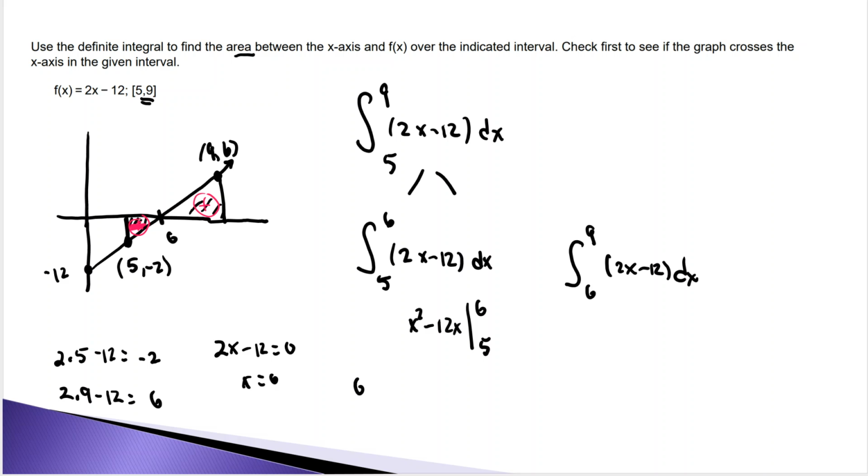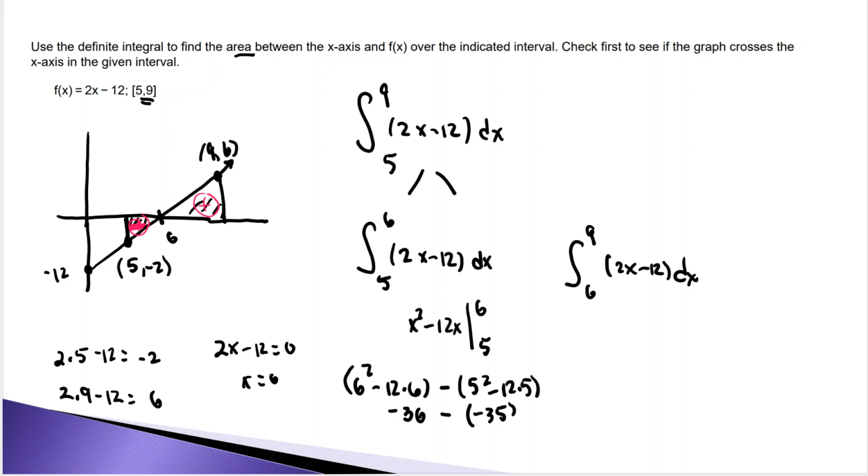This will give me 6 squared minus 12 times 6, minus 5 squared minus 12 times 5. And this gives me 36 minus 72, that's minus 36. And that's 25 minus 60, and that's a negative 35.